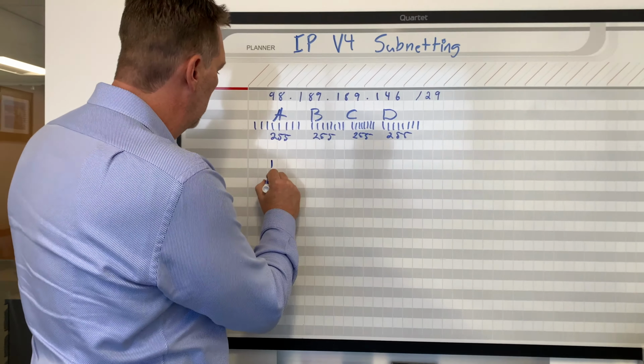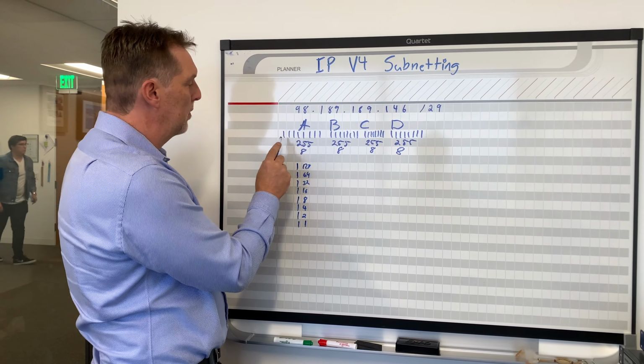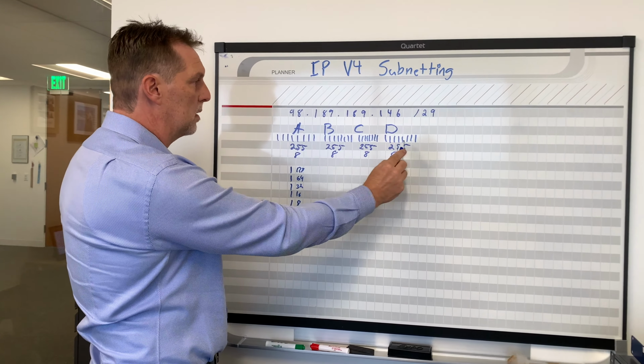Okay, as you can see here, in every single octet, you have 8 here, 8 here, 8 here, and 8 here. And so a lot of times when we're talking about the /29, we're talking about 29 of these bits.